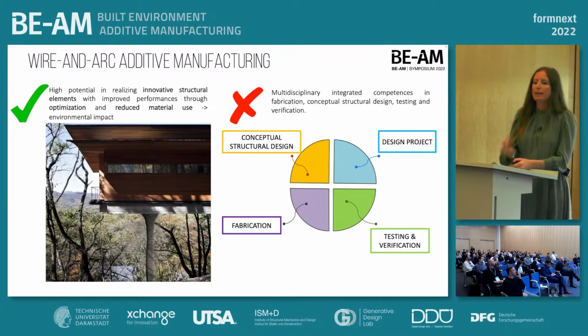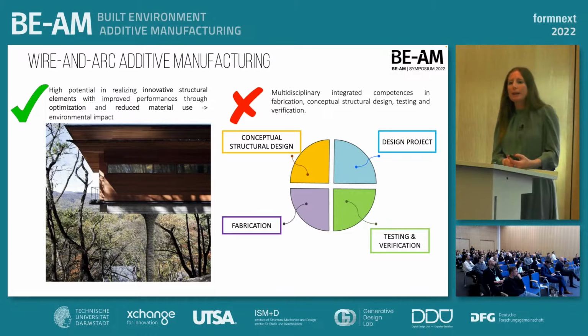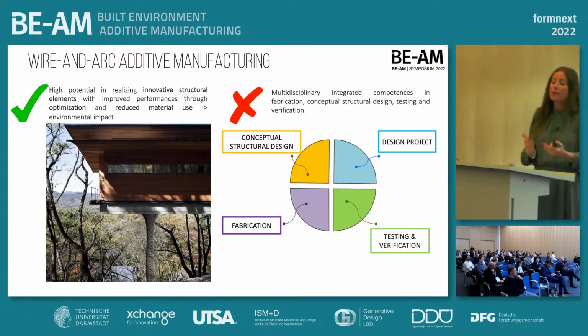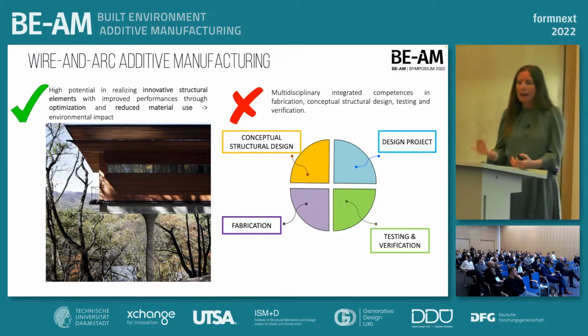So why make use of wire and arc additive manufacturing in construction? One great advantage is to make use of these freedoms. The idea is that you can ideally create geometries and use material only where it's needed, making highly efficient structural elements by severely reducing the material use. On the other hand, you need an interdisciplinary effort to do so.